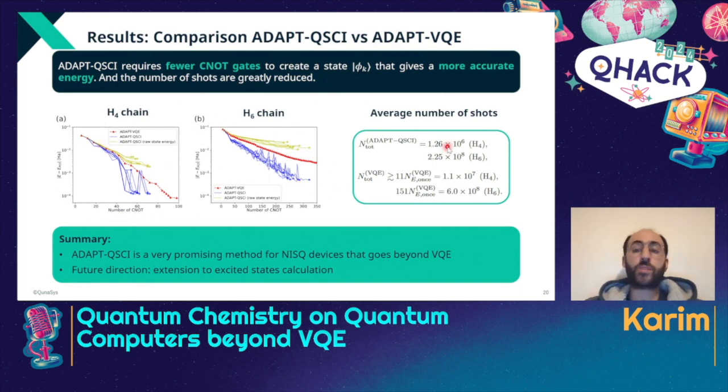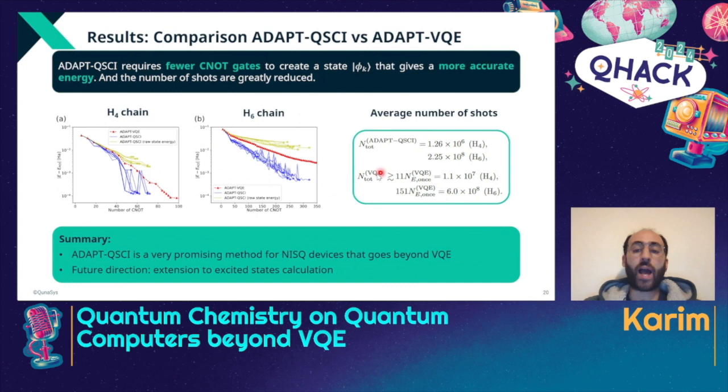And if you look at the number of shots, we see that ADAPT-QSCI required 10^6 for H4 and 10^8 for H6 to reach chemical accuracy, whereas for VQE, the lowest number of shots that you would need to reach chemical accuracy as well is an order of magnitude bigger for H4 and like 2 to 3 times bigger for H6.